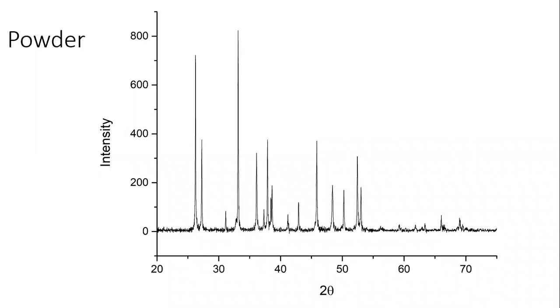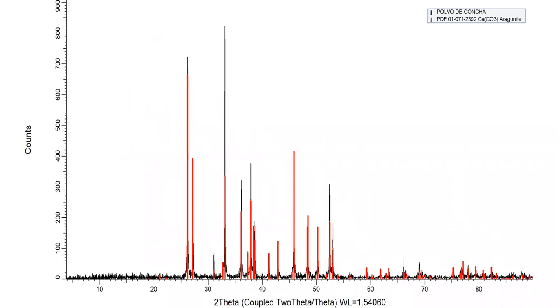So take a look at the different peaks that you can see in both the fragment and the powder of the seashell. And this is a comparison between both of them. The red one is the compound that the software gave us, which is the aragonite, which is calcium carbonate, okay?